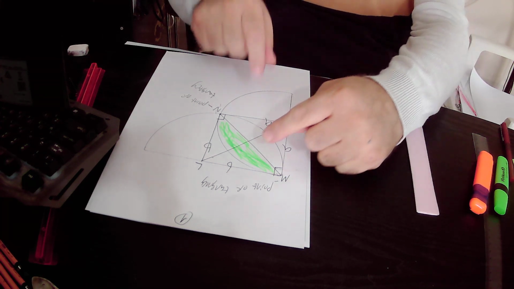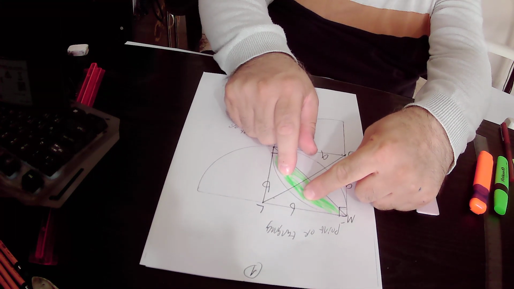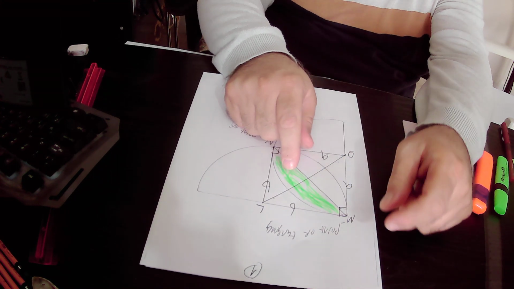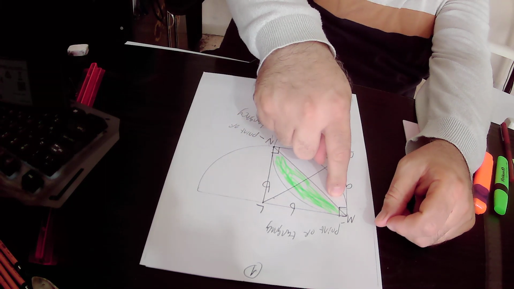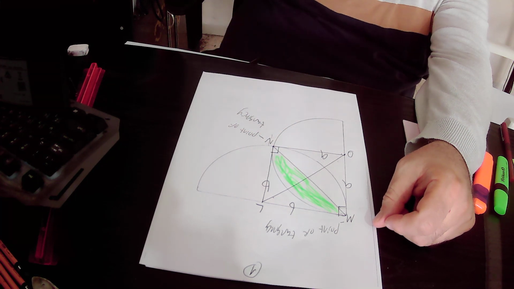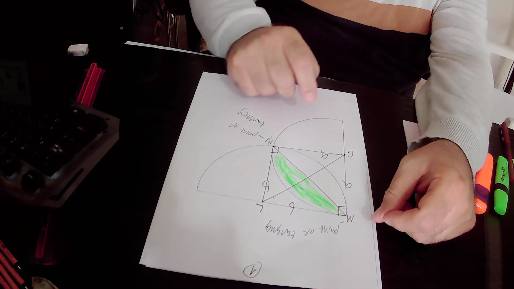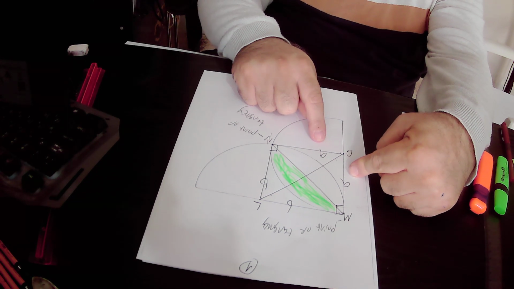Actually, those two triangles are congruent according to the side rule. That is to say, triangle LOM is congruent to triangle LON. Why are they congruent? First of all, those two sides are both equal to A, therefore they are equal to each other.